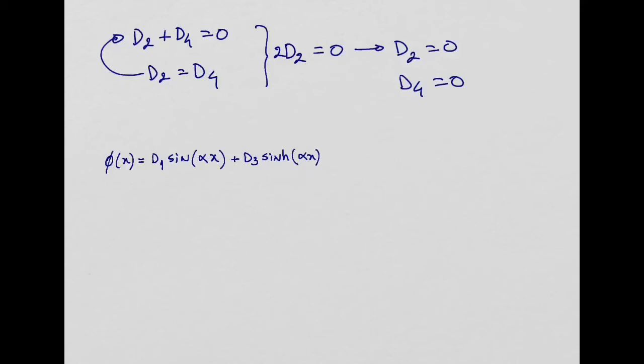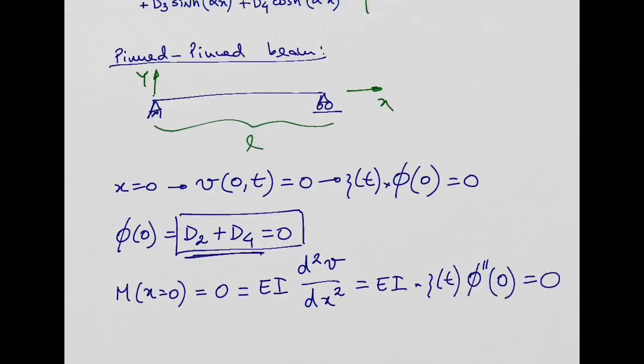Right, so we have used so far two boundary conditions for our beam, the ones for x equal to 0, for this support, but we still have this support here for x equal to L. You agree with me?